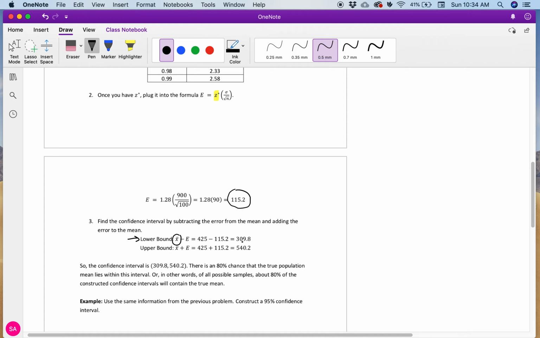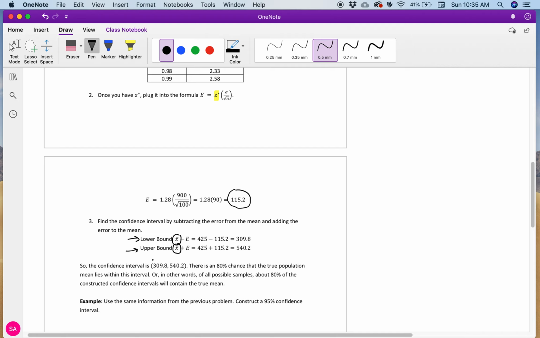So we have 309.8. And then the upper bound, same thing, same sample mean, 425, but now we're adding that error, 540.2. So our confidence interval for this sample is 309.8 to 540.2.